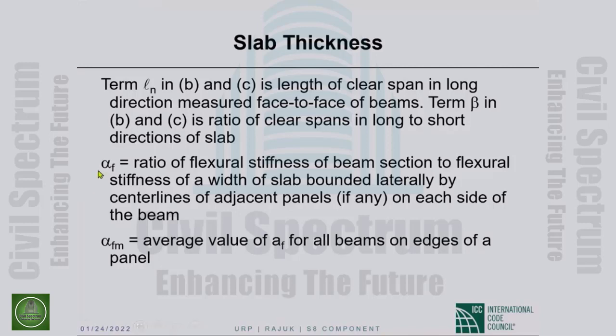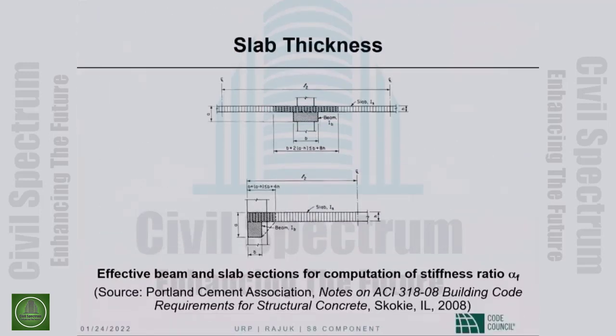Alpha sub fm, so there is a beam on each of the four sides. Alpha sub fm is the average value of alpha f for all beams on the edges of a panel. Now, it is the beam to slab stiffness ratio, the slab from center line of this panel to center line of this panel.